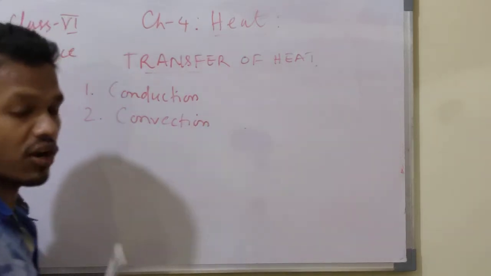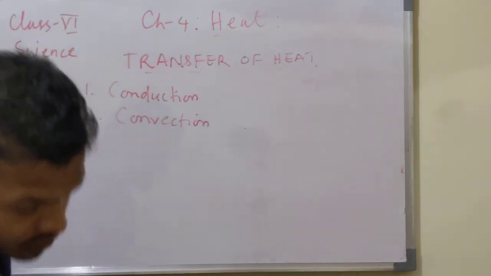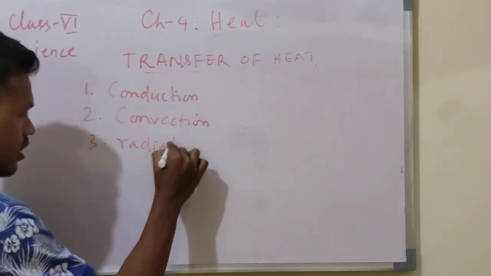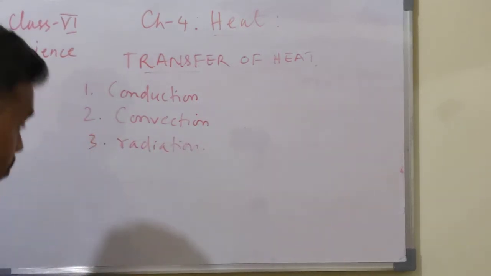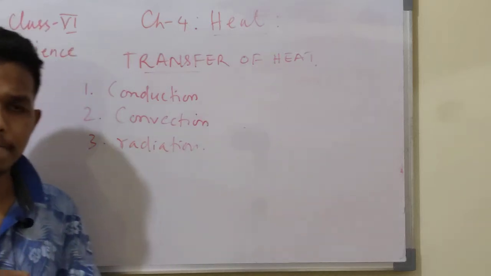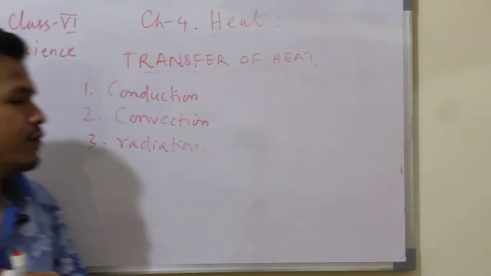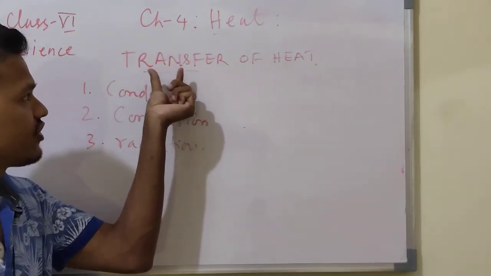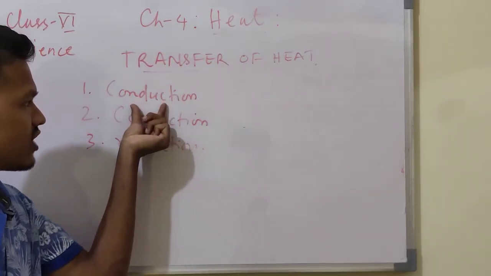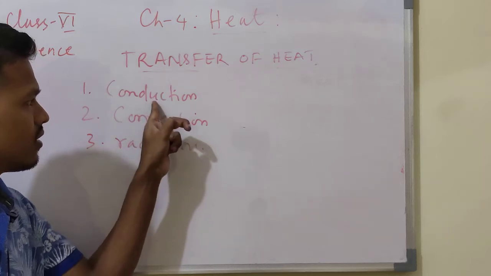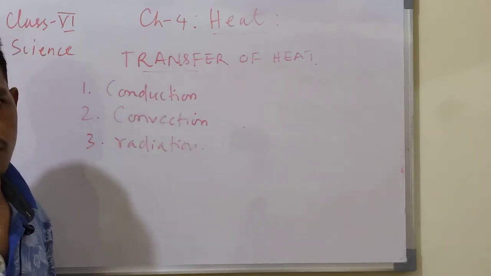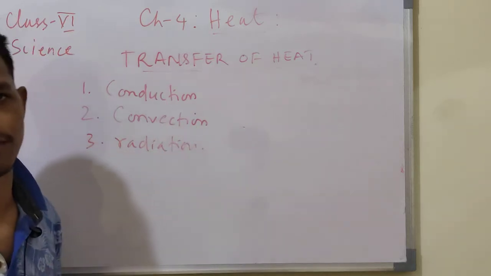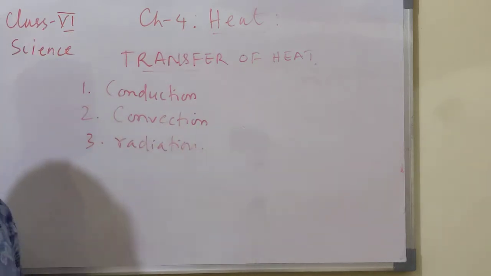Third one is radiation. From a physics point of view, only conduction is the basic transfer of heat, but convection is derived from conduction. Convection has two types, free convection and forced convection.